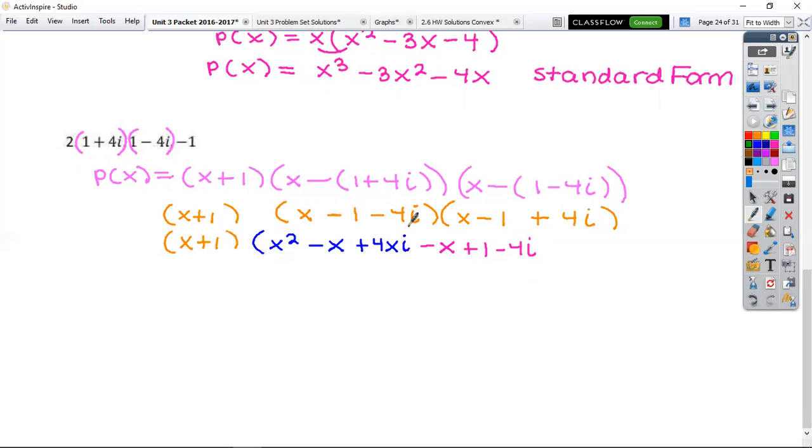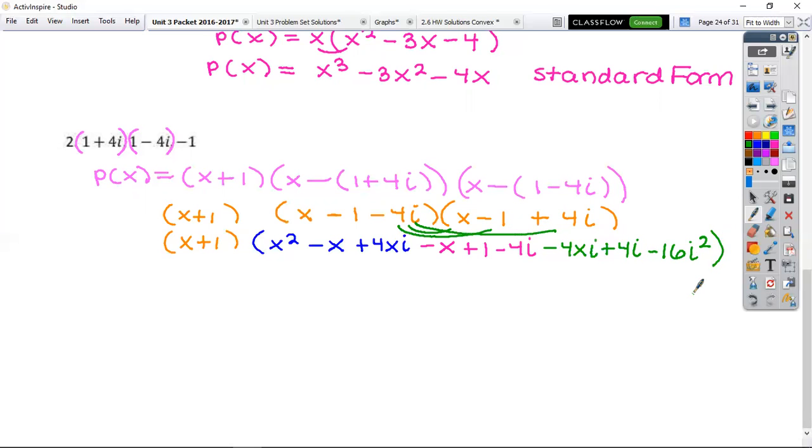So -4i times the x would be -4xi, right, nice and neat. And then -4i times -1 would be plus 4i. And then the last one, please be careful. -4i times positive 4i would be minus 16i squared. So we're going to do it just like that last problem.